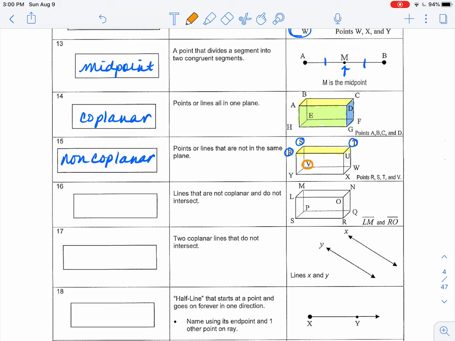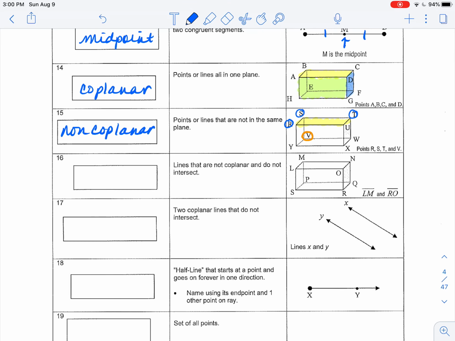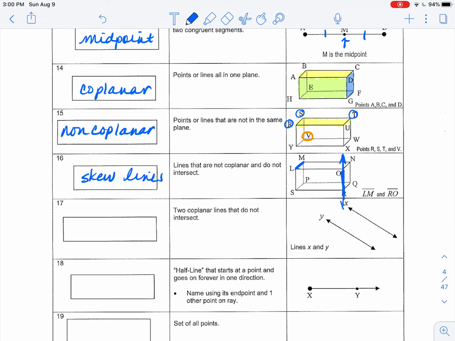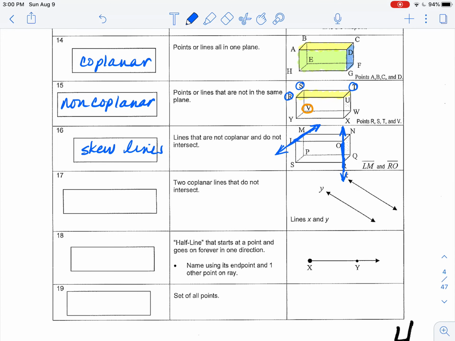Number 16, these are skew lines, lines that are not coplanar and do not intersect. Skew lines. And so line LM and line RO, if I were to continue line RO and line LM, can you see that these are not ever going to intersect or lie on the same plane? 17, 2 coplanar lines that do not intersect.